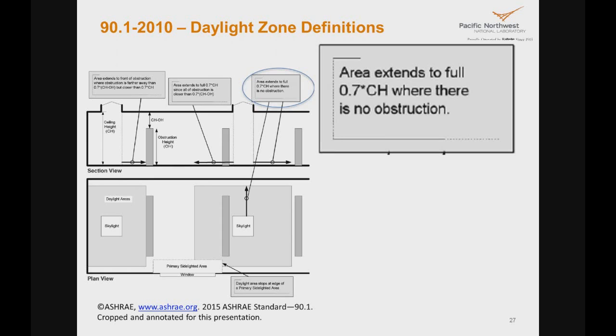But if you have cubicles, then there are certain requirements for how high the partitions can be and how they bound the daylight area. For skylights, if there are no obstructions, the daylight area extends to 0.7 times the ceiling height. So what this equation does is, if you have very tall ceiling heights, a single skylight can cover a large daylight area.